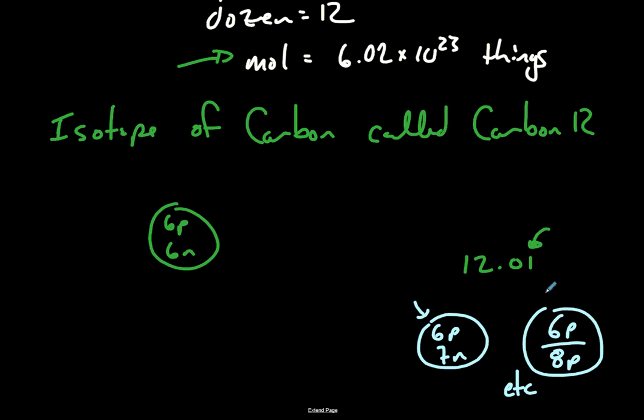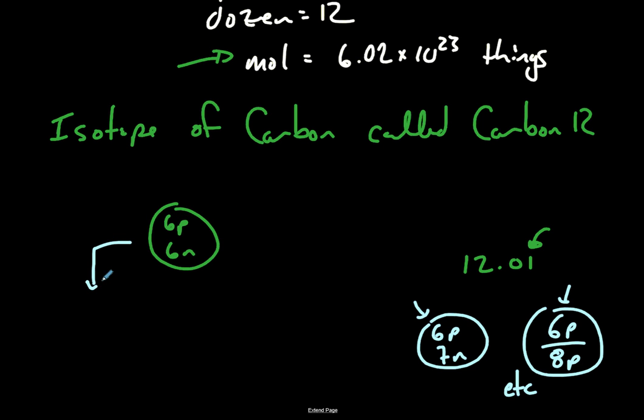These are called isotopes. They behave chemically the same as carbon because they have the same number of electrons in the outer shell, but they just have different weights. And it turns out that the nuclei can be unstable if this ratio is off, all right? Now, that's not the point of what we're talking about because we want to talk about the mole. So you take the isotope carbon-12, right, and you weigh it.